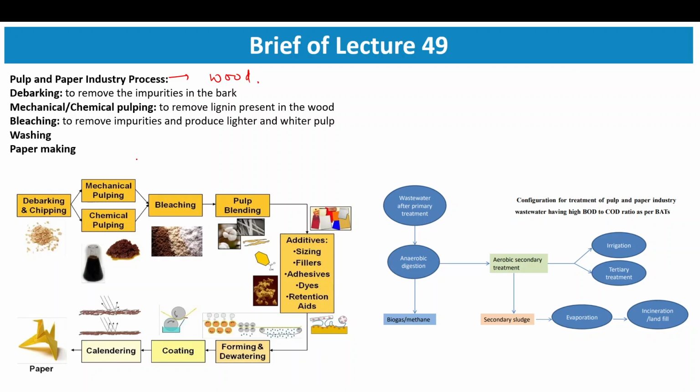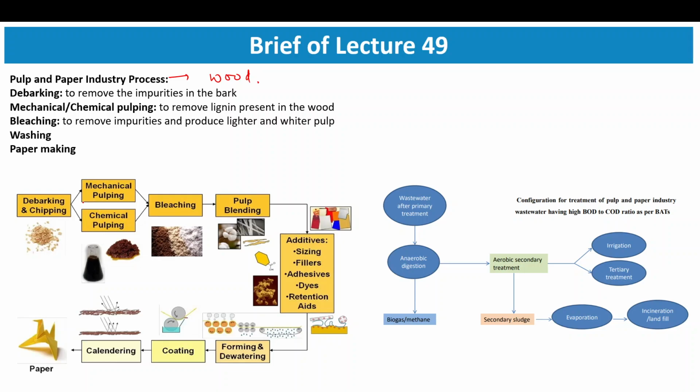For that, firstly, wood is debarked, which means that you remove the impurities in the bark. So first, you scrape the outer surface of the wood, which is known as bark. So you remove that, and after that you purify that, and you cut it into small pieces so that it is easy to manage.